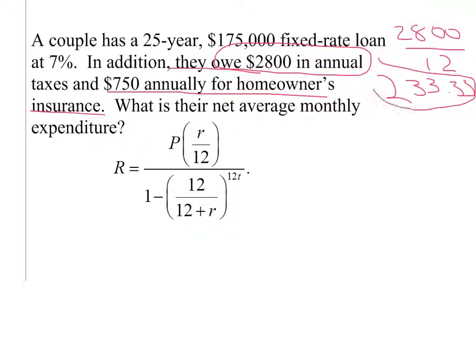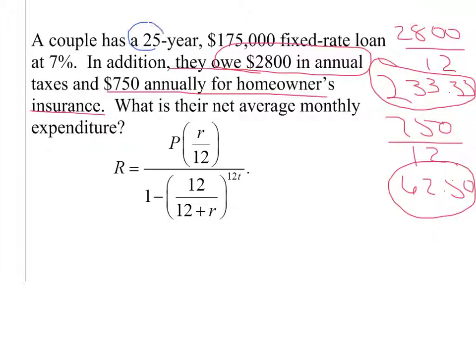So that's for our taxes. So let's just keep that figure aside for a minute. We have $750 in homeowners insurance. So we need to again divide that by 12, find out how much that payment is per month, and it is $62.50. So those two things are additional on top of our mortgage payment. So let's figure out what our mortgage payment is now.